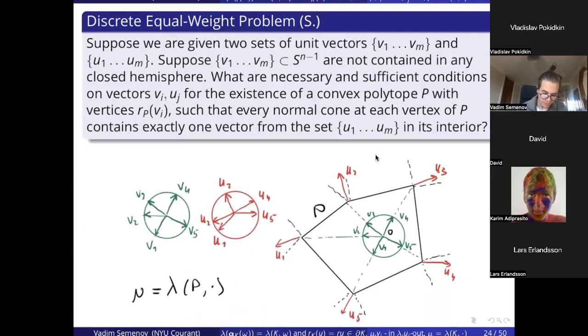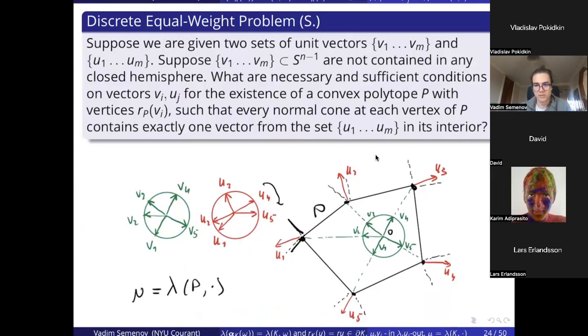And now what you're trying to solve is that, given two sets of vectors, you are trying to find a polytope with vertices on rays of one set of vectors such that each normal cone contains exactly one vector in its interior from the other set.